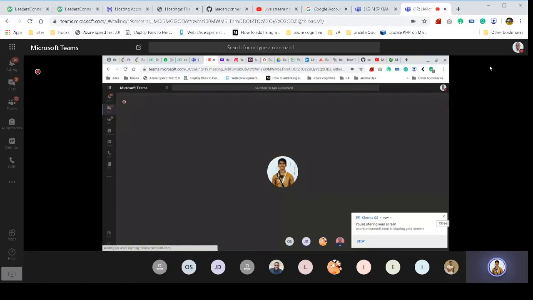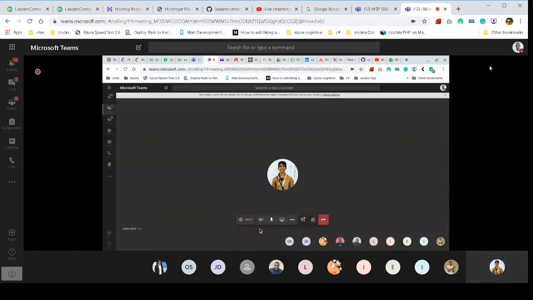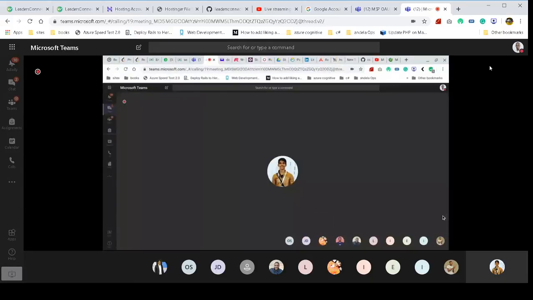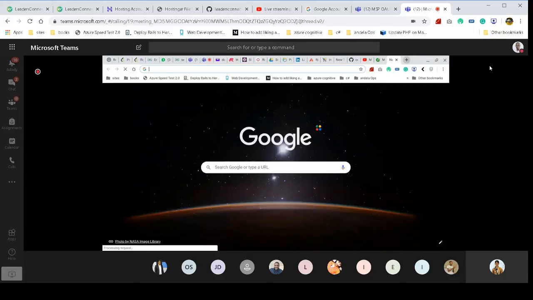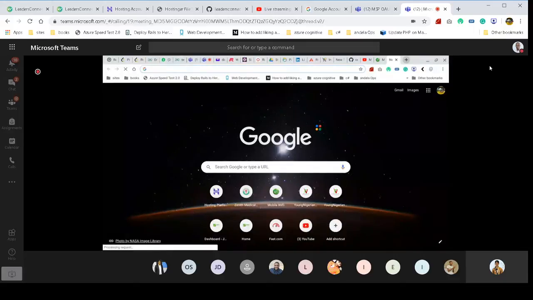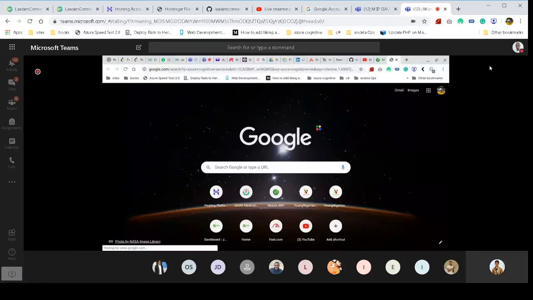So this is just going to be a quick demo around cognitive services, what Azure Cognitive Services are. As I said earlier, cognitive services is just Microsoft's pre-built AI.